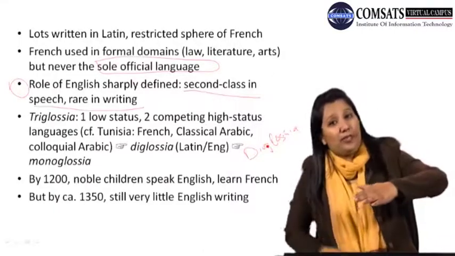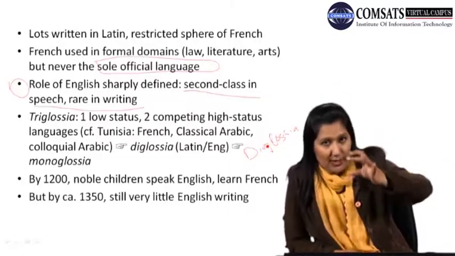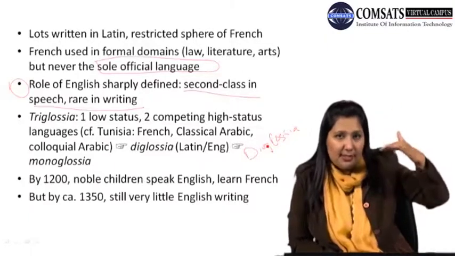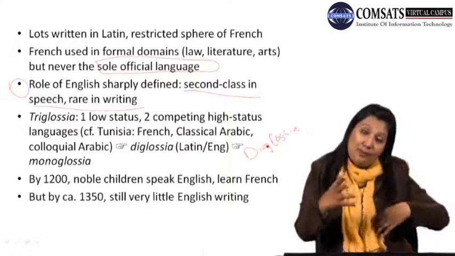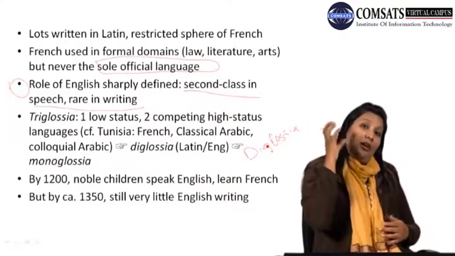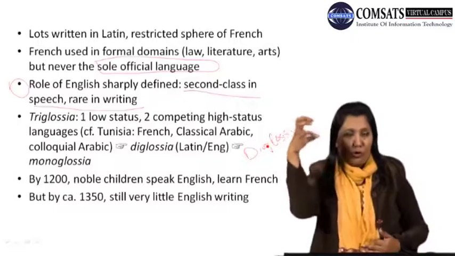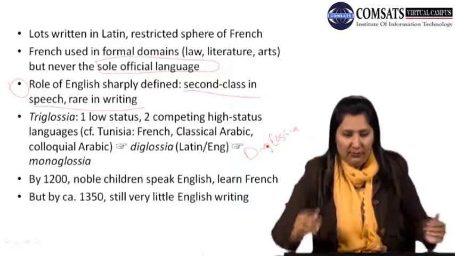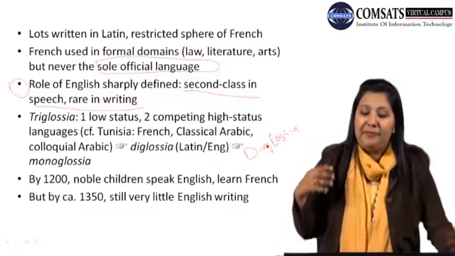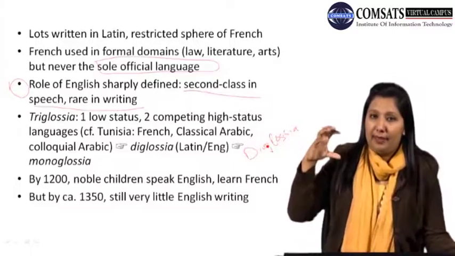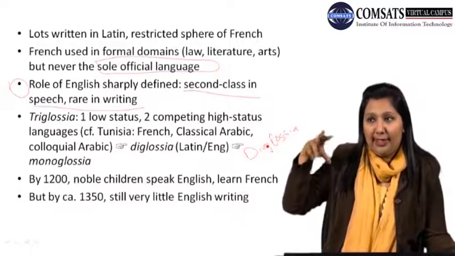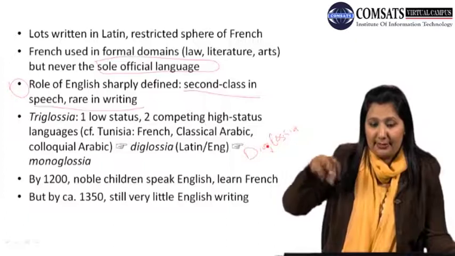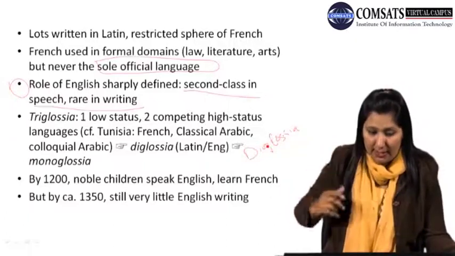In triglossia, one language has a low status, and the two have competing high statuses, although they are perhaps descendants of the same Proto-Indo-European language, from the Germanic branch. Latin and French were enjoying the competing high status, and the second, of low status, was English.